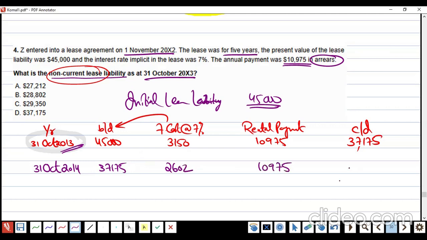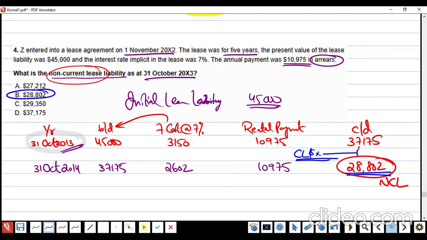And the closing balance is 28,802. This one I used to say is the non-current liability, and the difference between them is known as the current liability. Correct or wrong? The examiner is asking non-current, so B for boy. Was this question easy or difficult? This was easy. Okay, good.